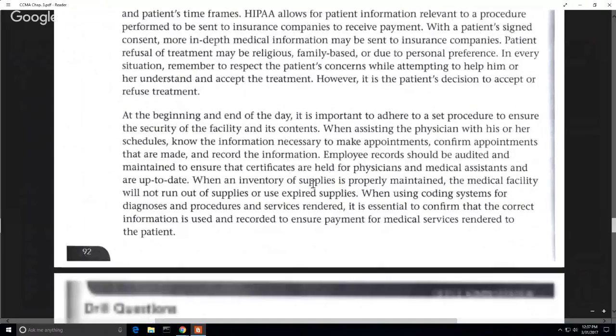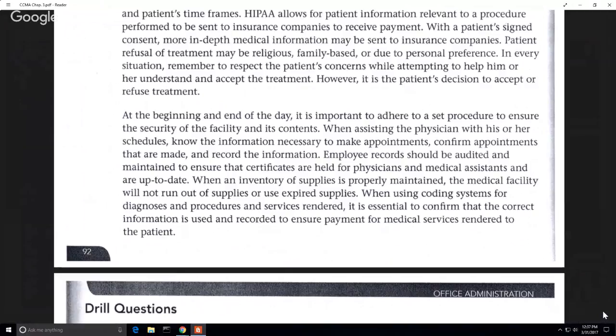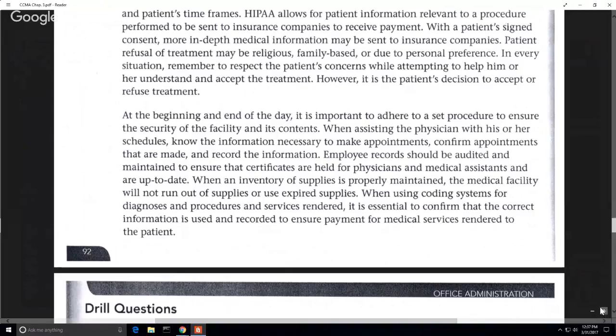Now, employee records should be audited and maintained to ensure that certificates are held for physicians and the medical assistants and are up to date. When an inventory of the supply is maintained, the medical facility will not run out of supplies or use expired supplies.